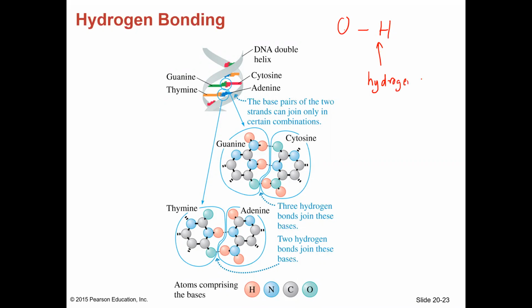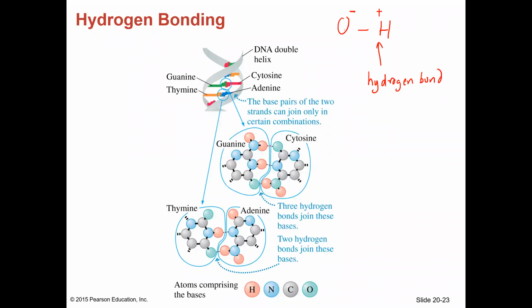Because this is negatively charged and this is positively charged, there is always bonding between oxygen and hydrogen in hydrogen bonds. So cytosine has, no, actually 3 hydrogen bonds, sorry.